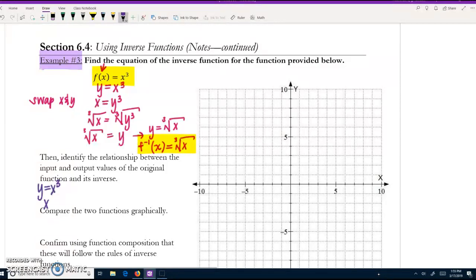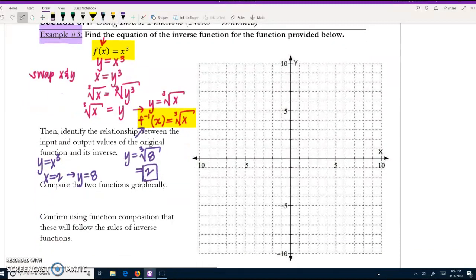Let's, for instance, plug in x equals 2. If I do that, 2 cubed, my y value would be 8. Then if I go to my inverse function over here, where I have y, or the inverse of f of x, is equal to the cubic root of 8, I'm going to get 2. So whatever I plug in for x and get out that y, if I take that y and plug it into the inverse function, I'll get back to my original x.